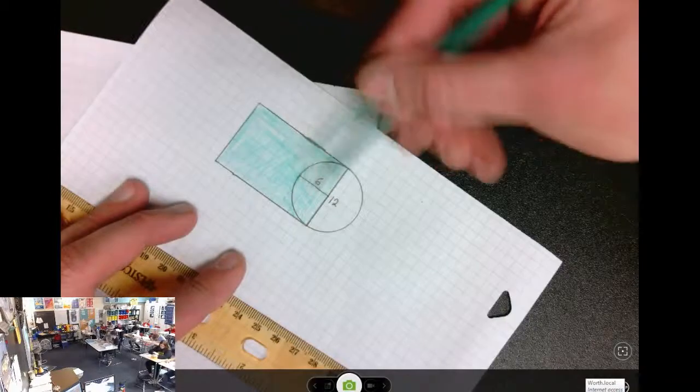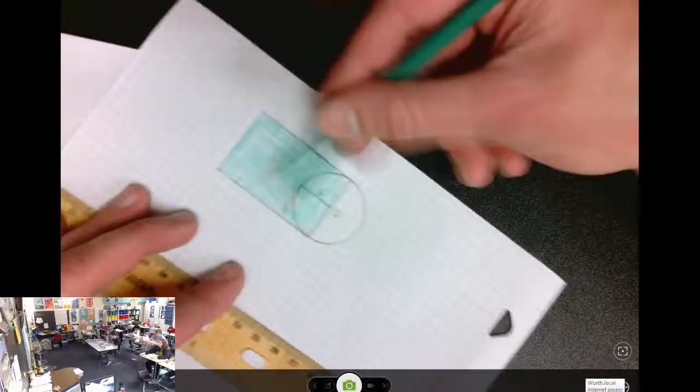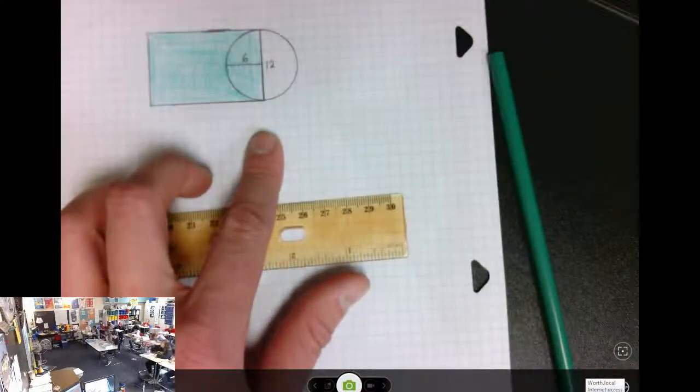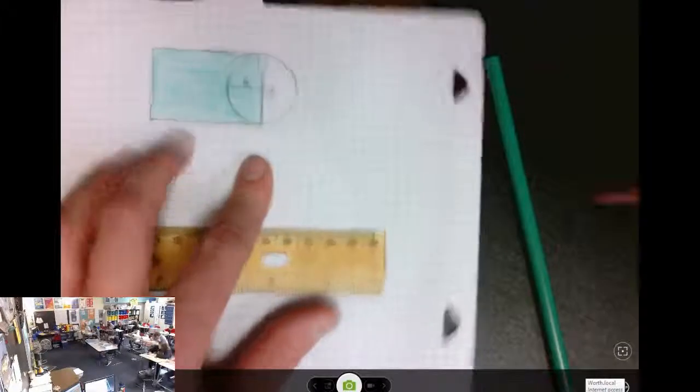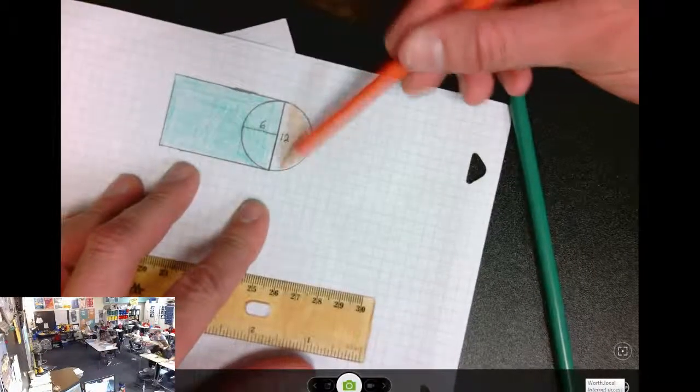Half of a circle. This is the easier way to solve this problem: split at the rectangle and then do the half circle separately.